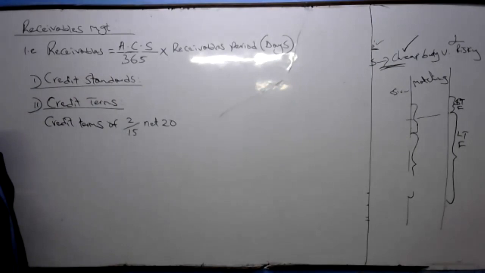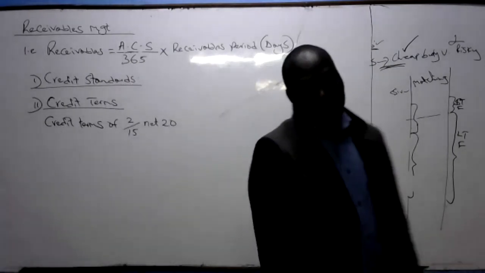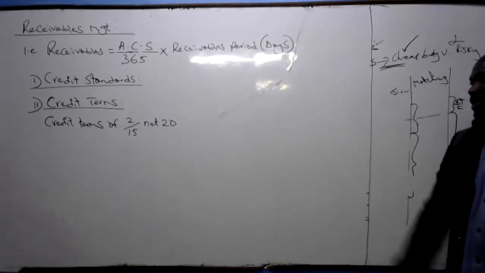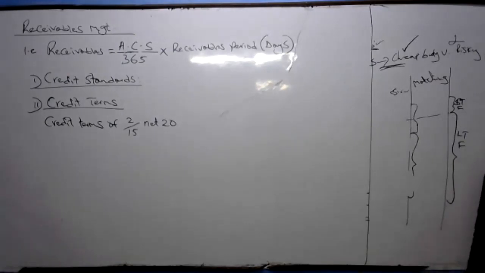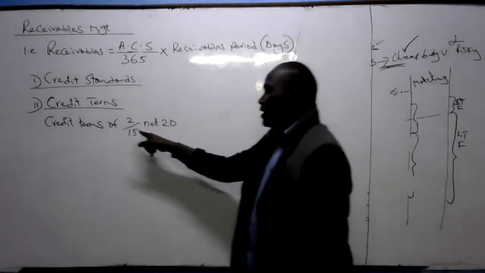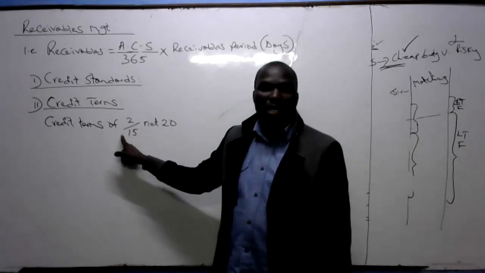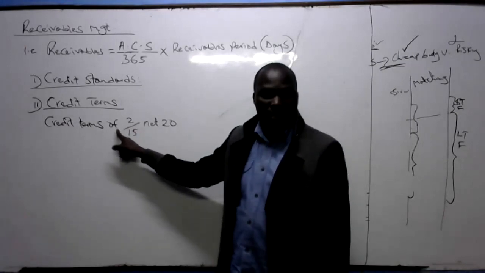If the customer pays within 15 days, they get a 2% cash discount. So if you pay within 15 days, you get a discount of 2%. And if you can't manage, you should pay within 20 days. So terms of this nature mean customers who pay within 15 days will enjoy a 2% discount.